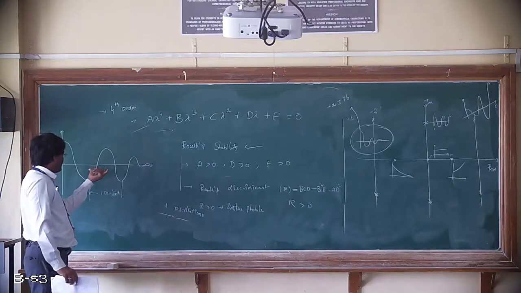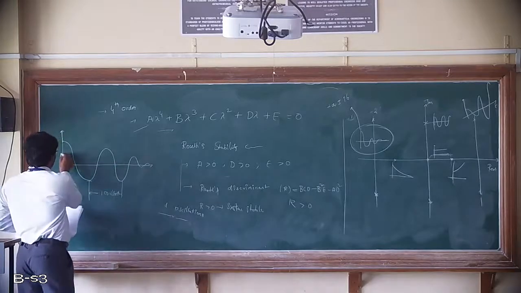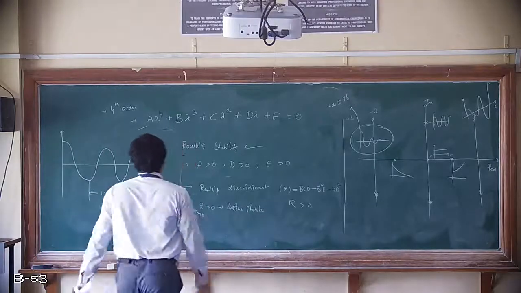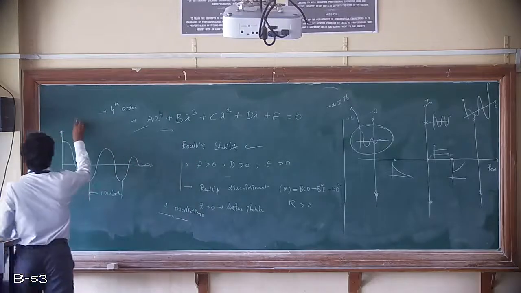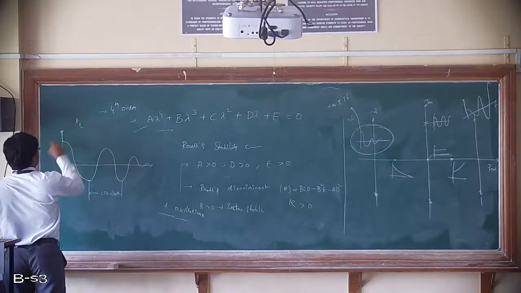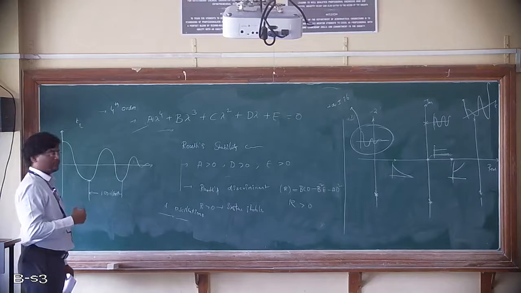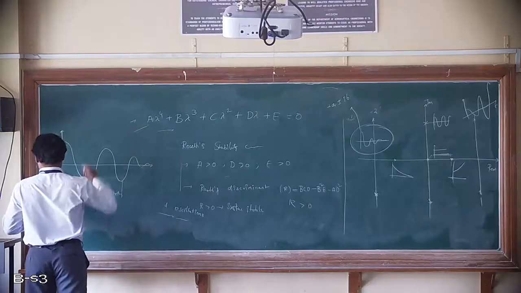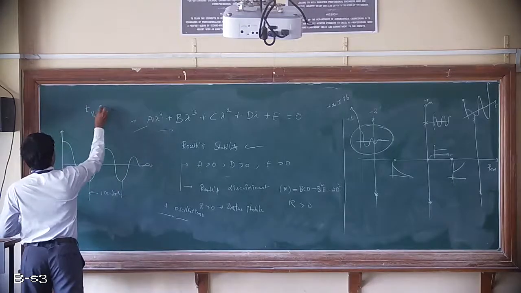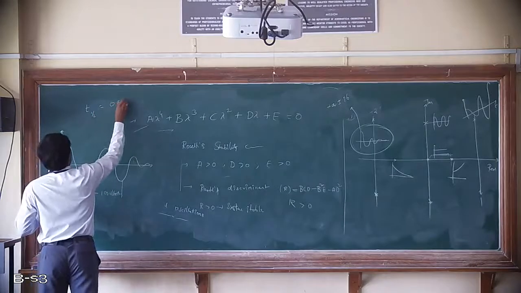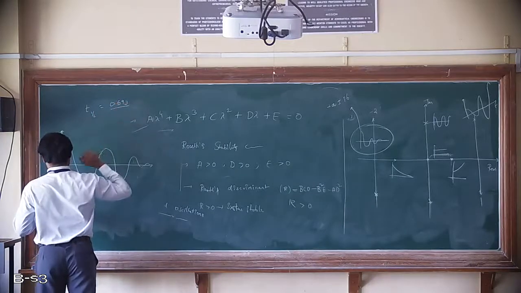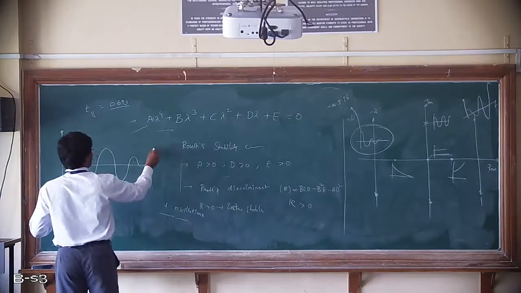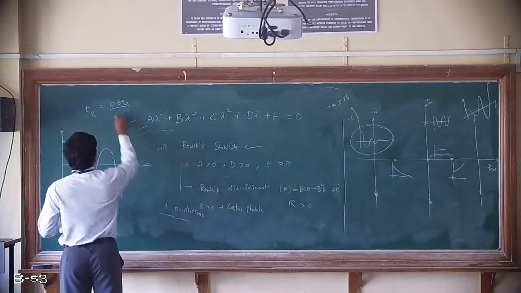At some point, the disturbance will become half, right? So the formula for the time taken for the disturbance to become half, how much time will it take? That you can write as T half is 0.693 by, see here, we already discussed the roots are minus a plus or minus ib. You can say mod a.